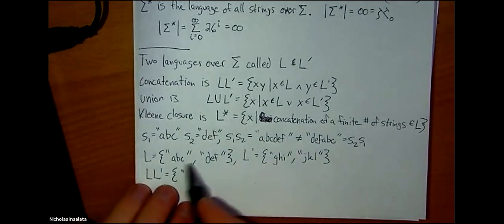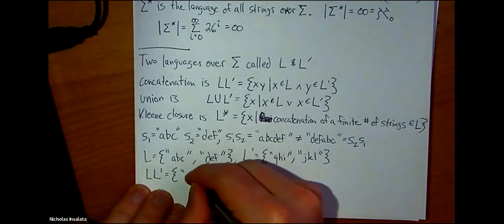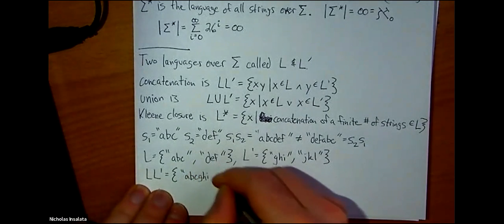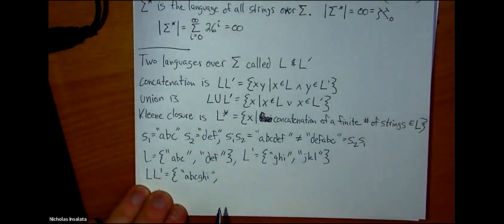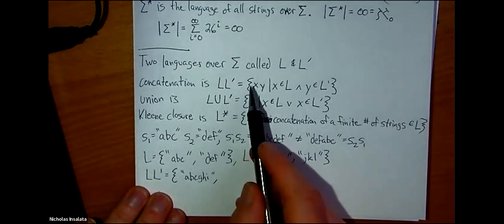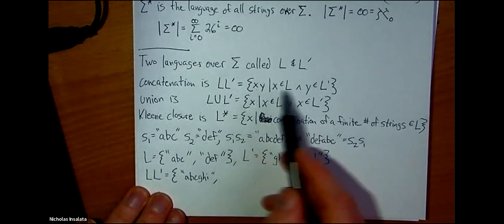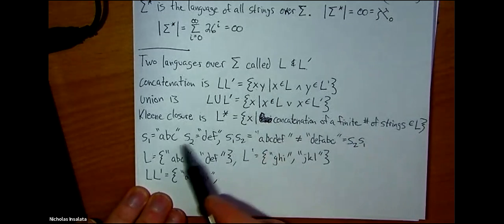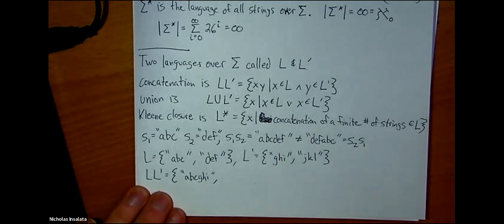Okay, ABCGHI. Excellent. Okay, next one. I'm sorry. I missed the first thing you said, David. ABCDEF would not be in there because you have to have the first part come from the first language and the second part come from the second language. So ABCDEF doesn't count. Does that make sense?